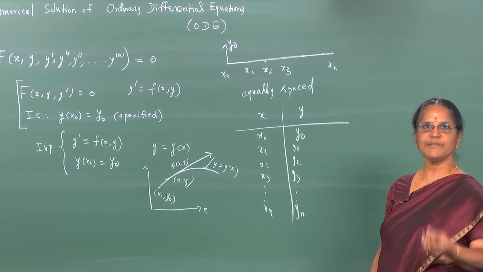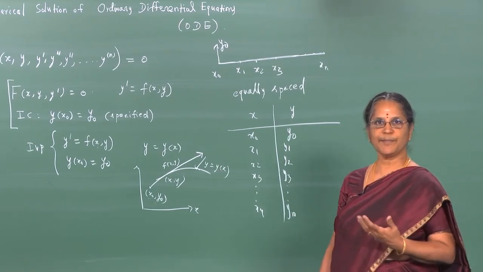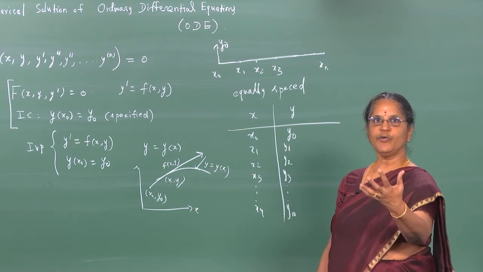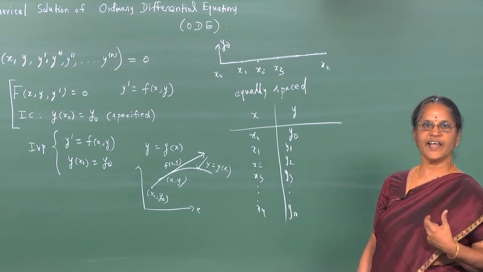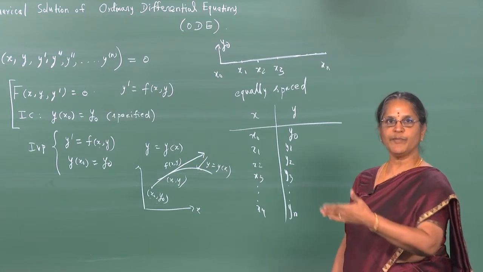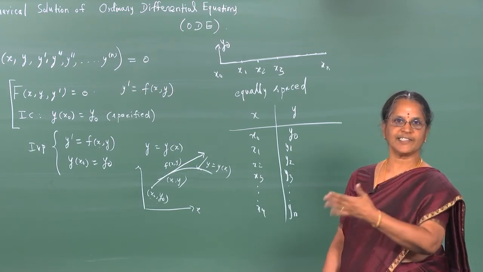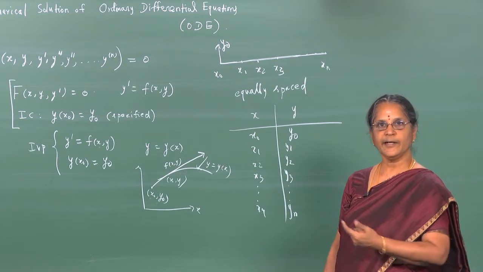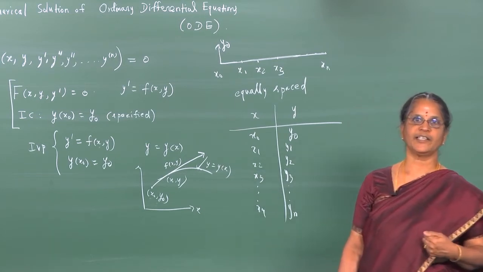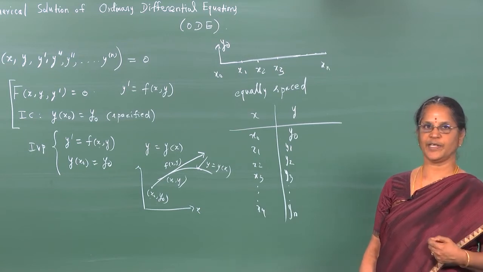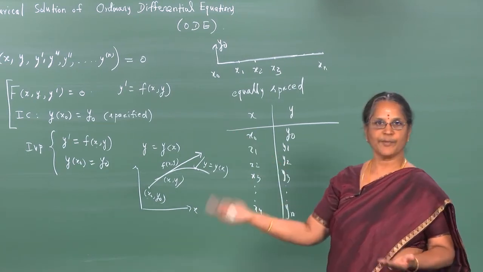So, let us take a simple example of a mixing problem and see how it is modeled into a first order differential equation. Any problem which occurs in science or in engineering, it is possible for you to model it in terms of a differential equation depending upon what the problem is.